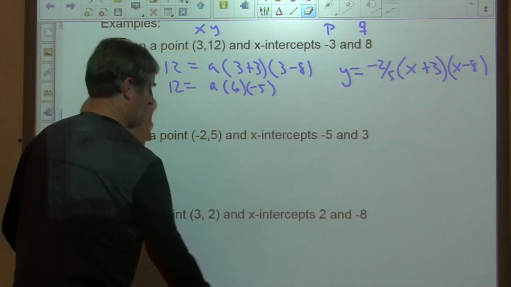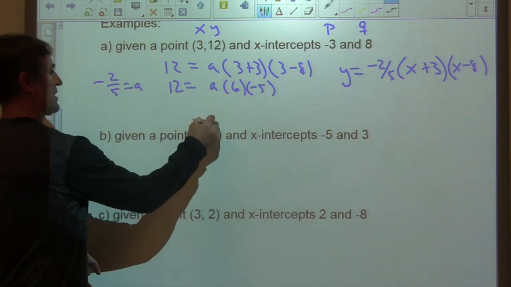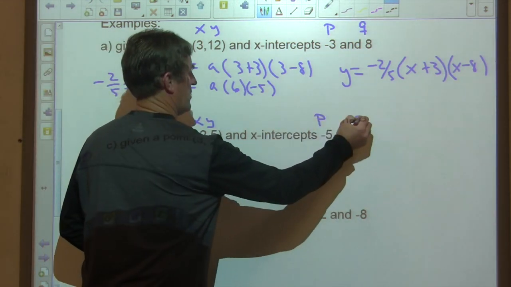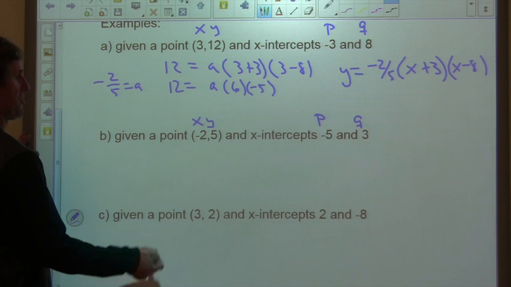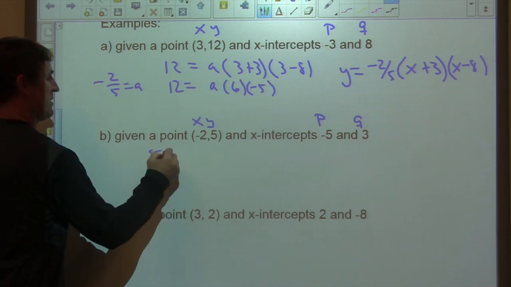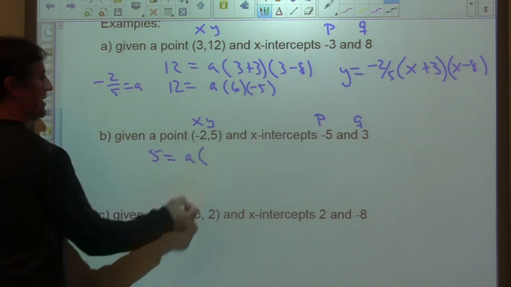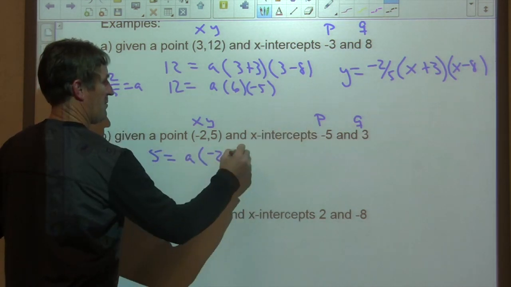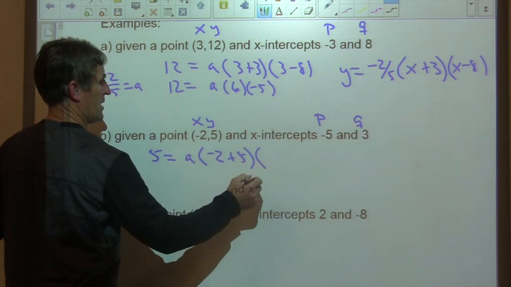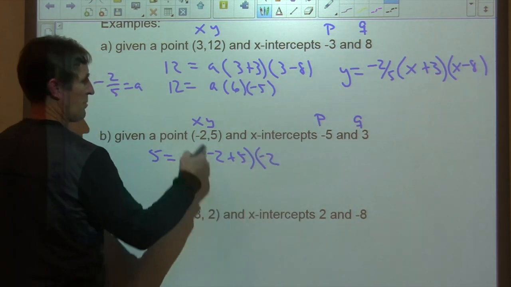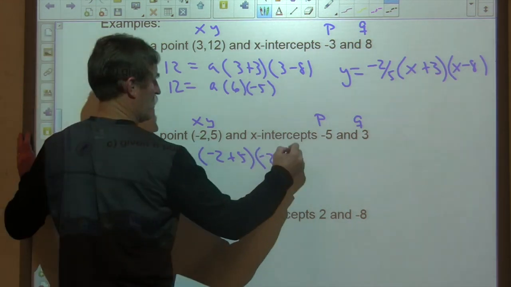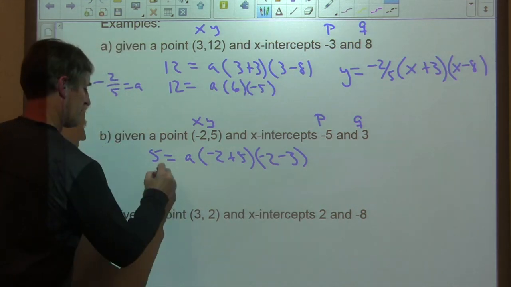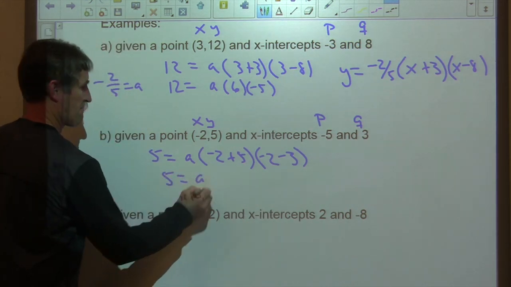Again, it's simply a matter of labeling x and y, p and q, and then plugging them in. So y is 5 equals a times x, which is negative 2, minus a negative 5 becomes plus 5. And then negative 2 again, remember that x doesn't change. And then minus 3. Simplify.